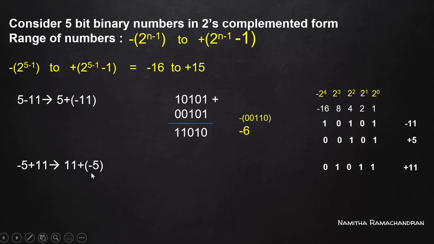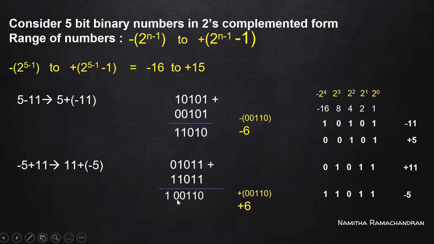And similarly for this minus 5, how to get the 5-bit 2's complement representation? For the result, if the carry out is 1, we can conclude that the result is positive, and the value is obtained from the remaining bits after dropping the carry out.